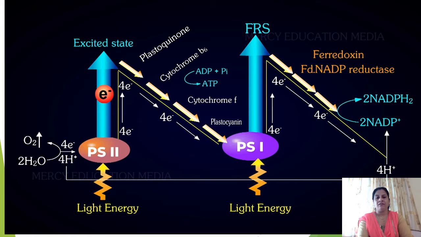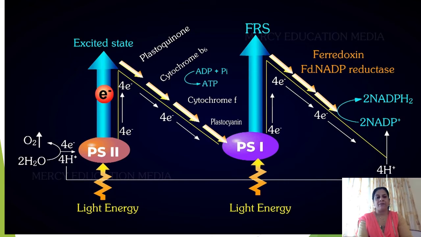PS1 has its own pigment system. It also absorbs light. With that light energy it emits energy-rich electrons, which go to the first acceptor, that is ferredoxin reducing substrate. From there it goes to ferredoxin and then it goes to NADP. NADP, after accepting electrons, gets negatively charged.